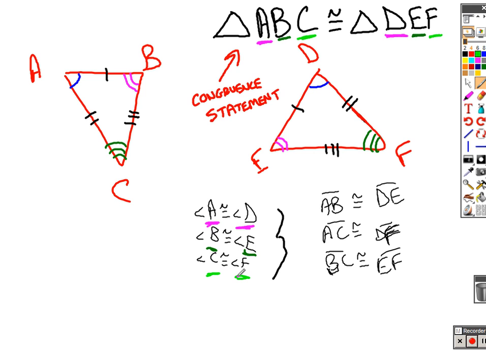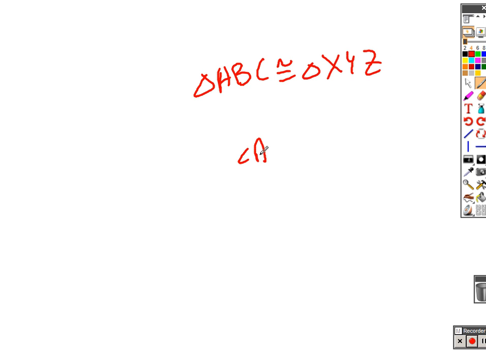If I was given a triangle pair, so let's say triangle ABC is congruent to triangle XYZ, and I knew angle A was equal to 50 degrees, and angle X is equal to 2x, we'll call it, and I want to solve for this letter x here.